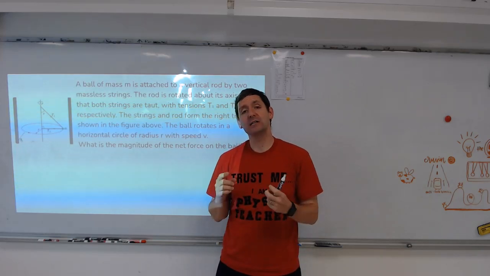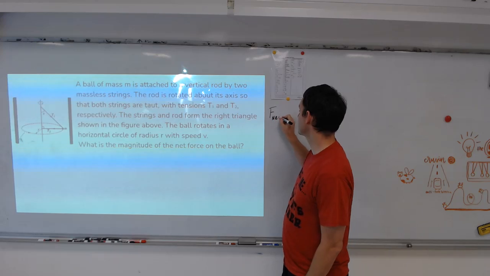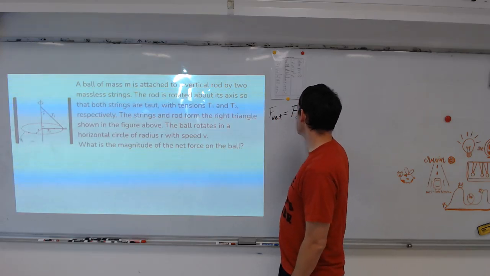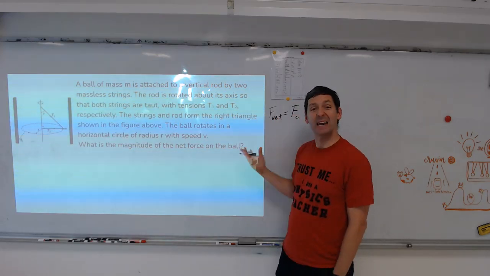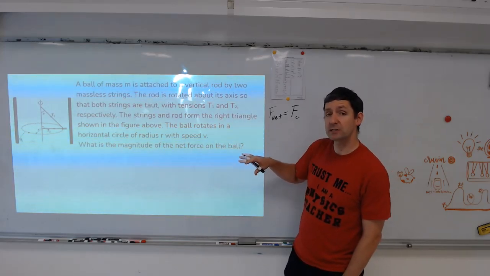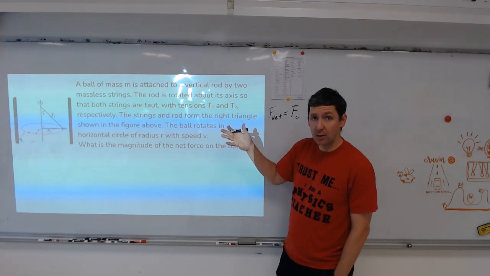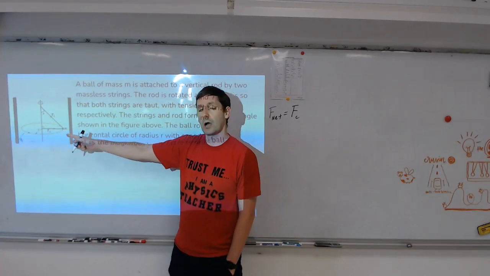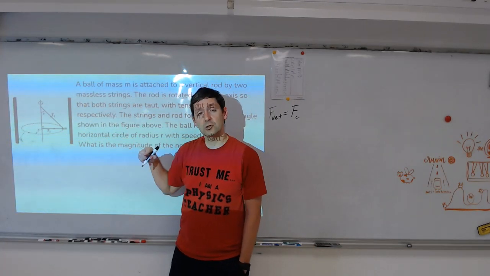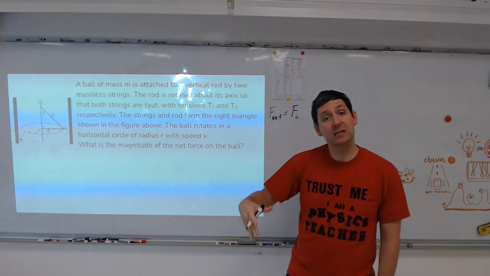If the object is going in a circle, then the net force is the centripetal force. Now, that is the combination of all of your horizontal forces. The vertical forces, yeah, they're going to balance out. They don't matter. The horizontal component of T2 and the horizontal component of T1 should add together to give us the centripetal force.